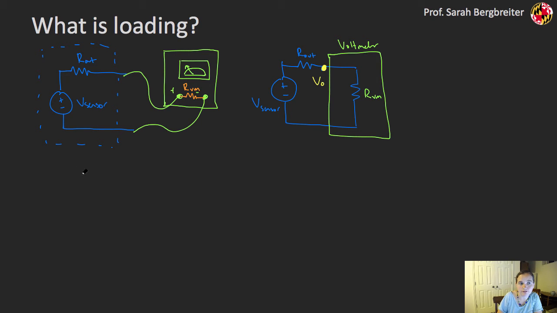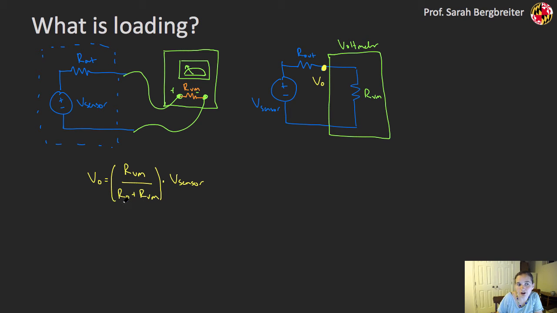So I'm going to call that VO. And VO is going to equal that voltmeter impedance divided by R0 plus the voltmeter impedance, times that whole quantity times V sensor, right? And if this voltmeter impedance is really high relative to R0, this effectively becomes 1 and V out equals V sensor, which is what I want, right?